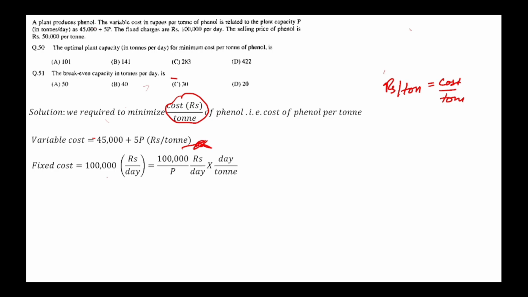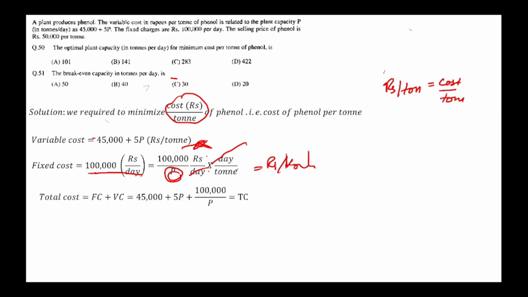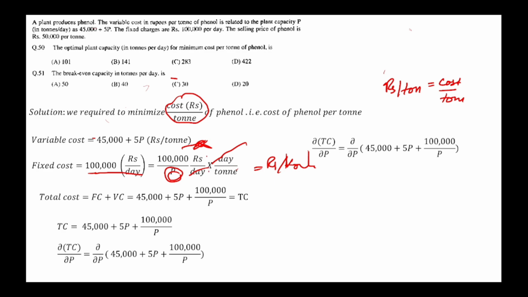But see, fixed cost is in rupees per day. If I divide by P, then rupees per day over ton per day, and day will cancel out, so rupees per ton. And the total cost consists of fixed cost plus variable cost. Differentiate for minimization, and we will get the optimal capacity.